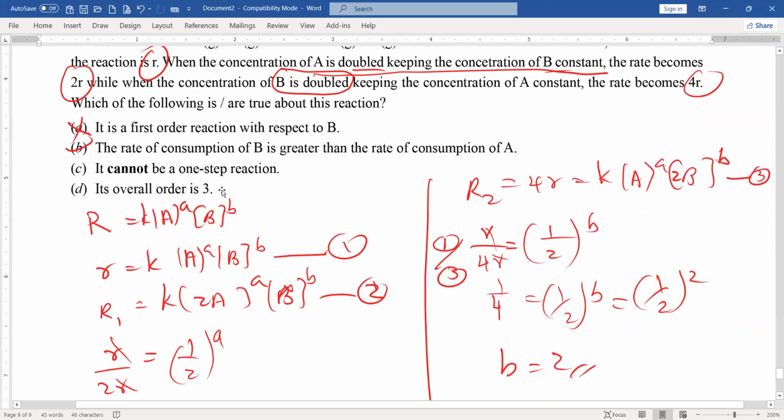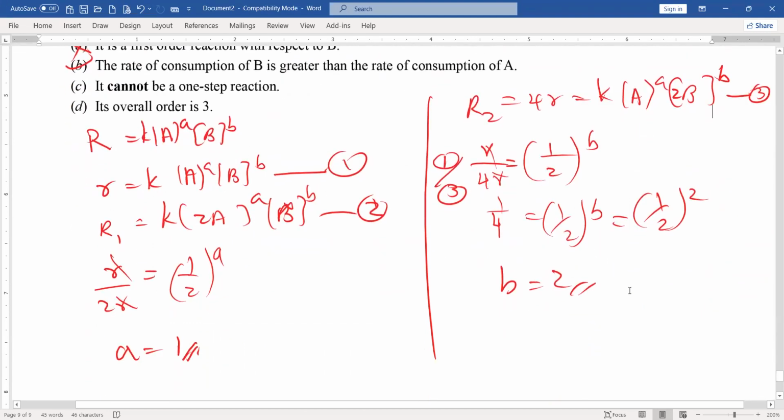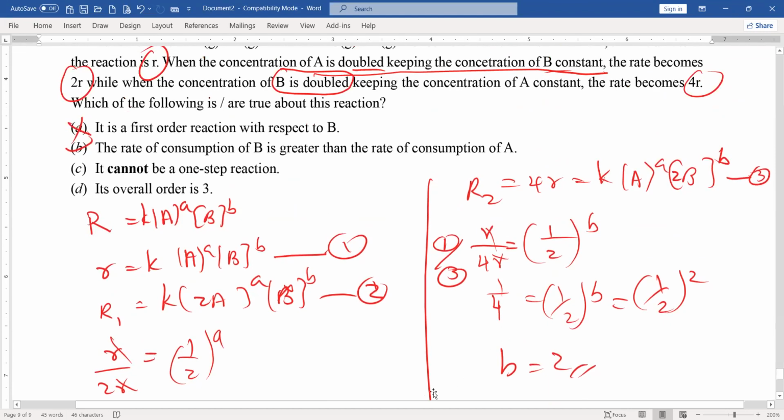It cannot be a one-step reaction. Never say that. When the order increases, the reaction becomes complex. So it cannot be a one-step reaction.